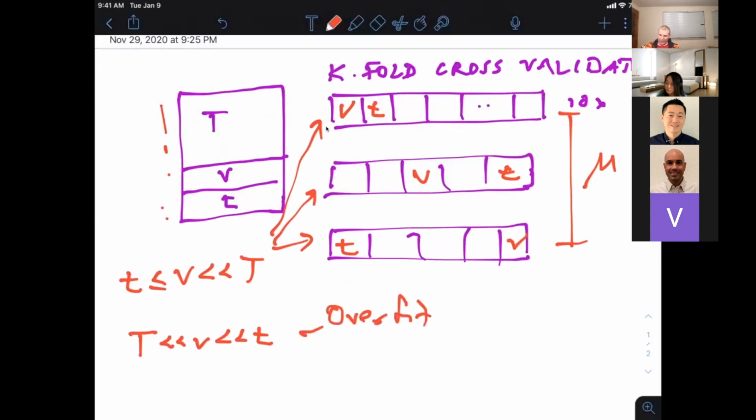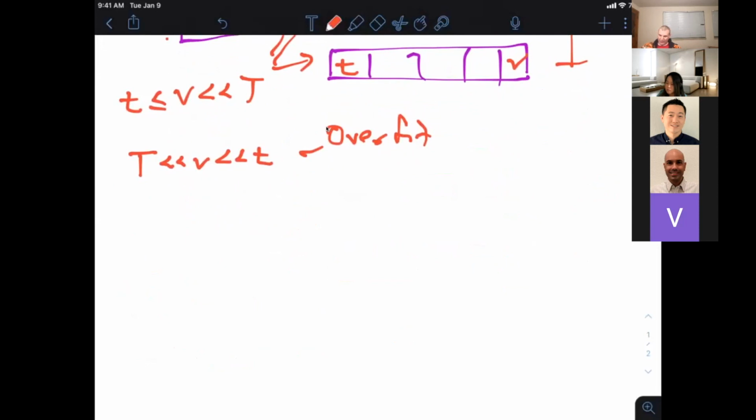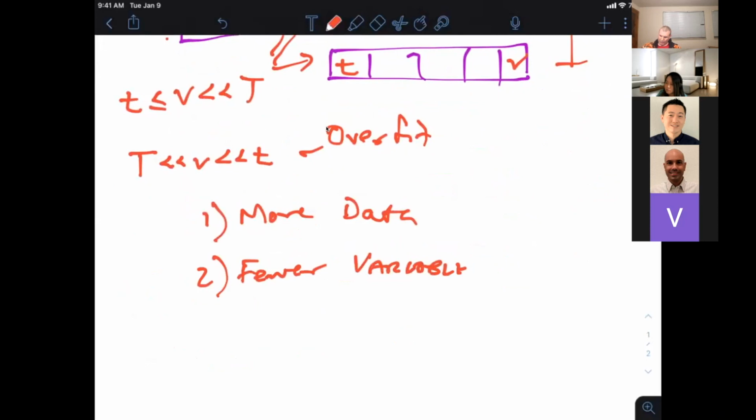And there's generally, I want to say, 3 things you can do. More data, fewer variables, and the idea of this more data or fewer variables kind of works like this.